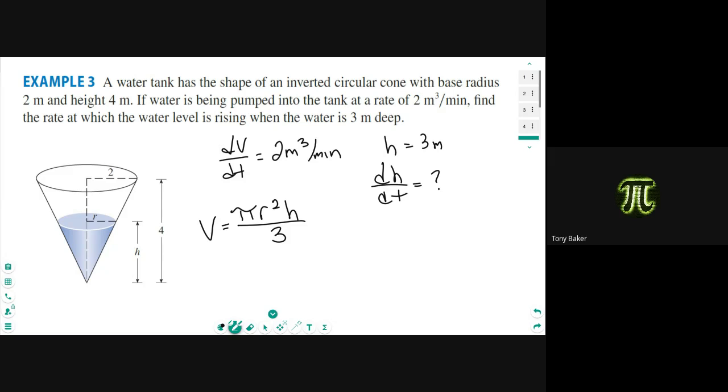What is the problem? Yeah, we know nothing about radius in this problem. So how can I figure out r in terms of height, so I can get rid of my radius?